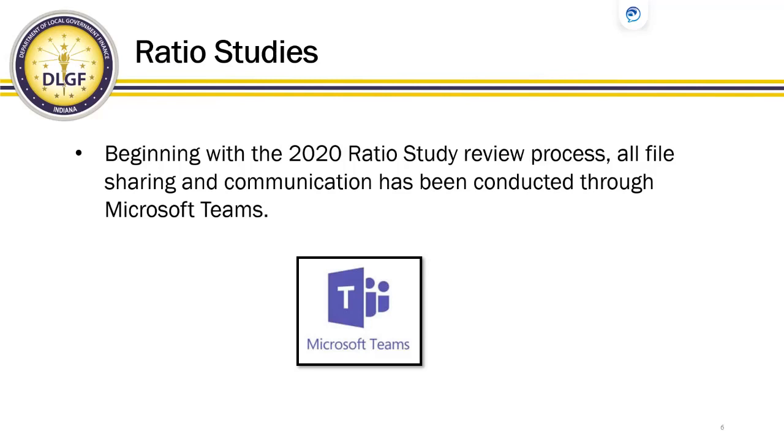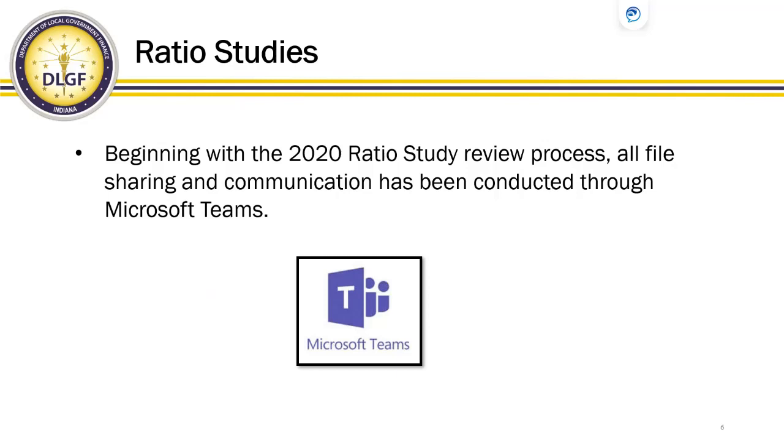In 2020, we started a process using Microsoft Teams to conduct the ratio study process. The reason we did that is that previously ratio studies would be submitted by paper or on CDs, and we just wanted to ensure uniformity and consistency in terms of the submission.